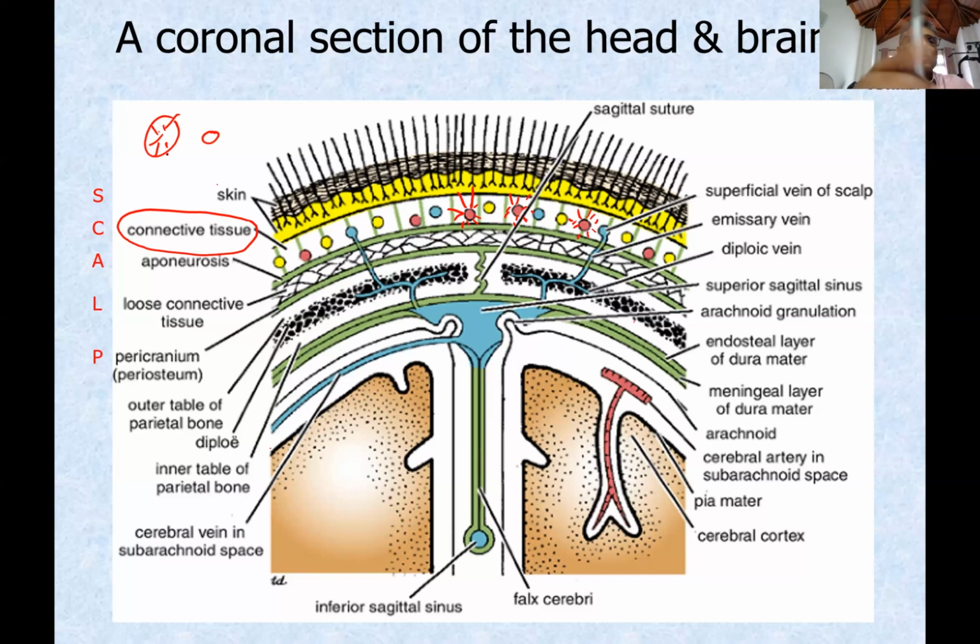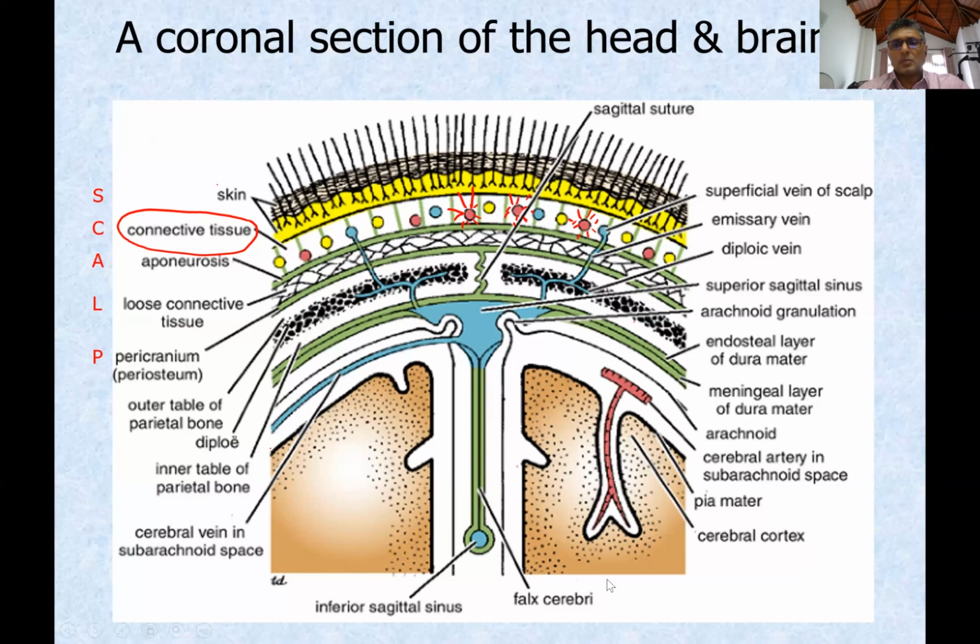So that's part of the cessation of stoppage of bleeding. You call it hemostasis. I think you have learned it. So part of it is forming a blood clot, and part of it is the constriction, the diameter of the cut end of the blood vessel becoming smaller. So that is prevented by this fibrous tissue attachments.